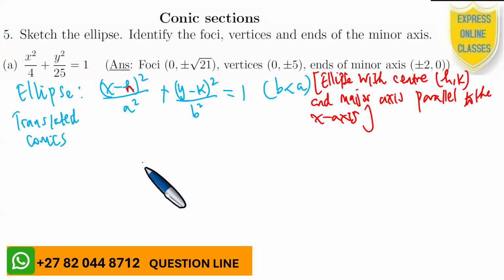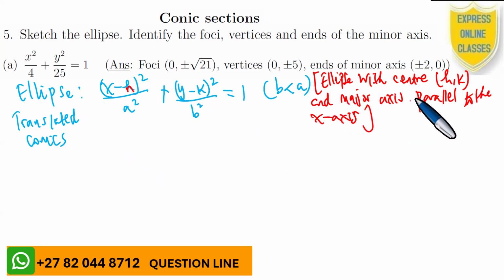So now, this is a kind of ellipse that is translated, which is the general thing. The one centered at the origin is easier, but we're looking at the general one because we're going to look at more ellipses, not just one.